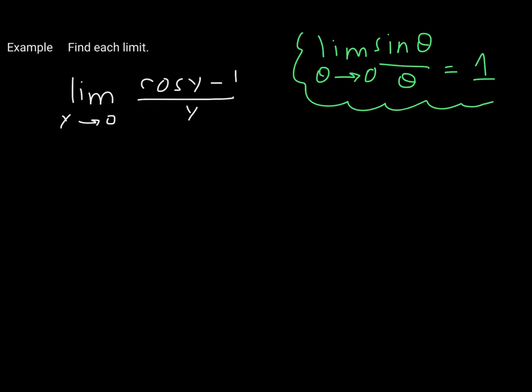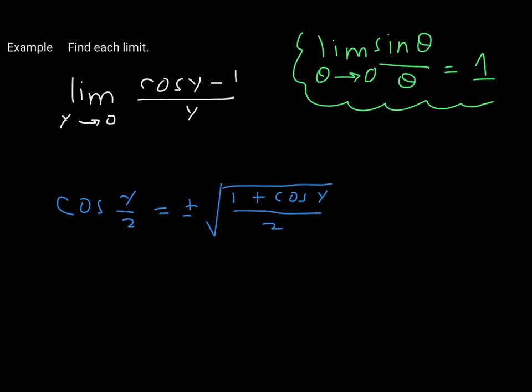Okay, so come with me really quickly. I want to remind you that cosine of y over 2, that's a half angle, right, is equal to plus or minus the square root of 1 plus cosine of y over 2.